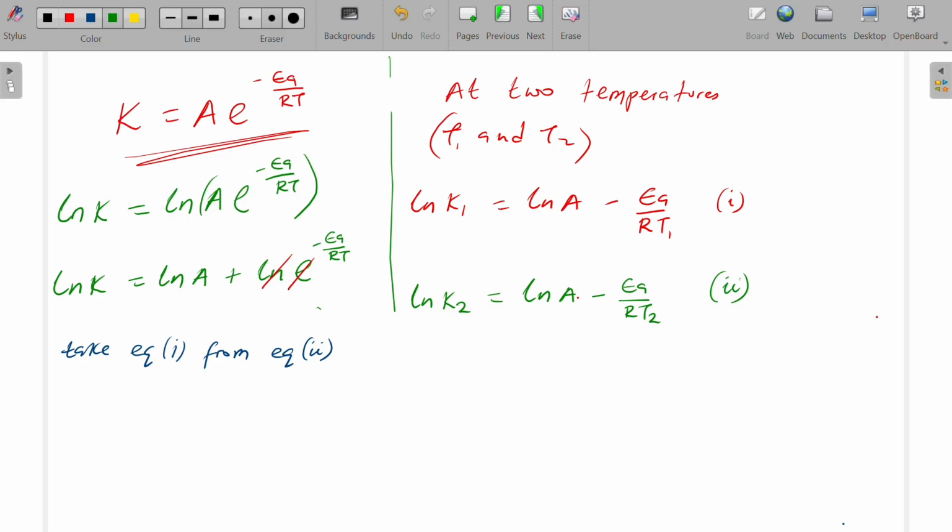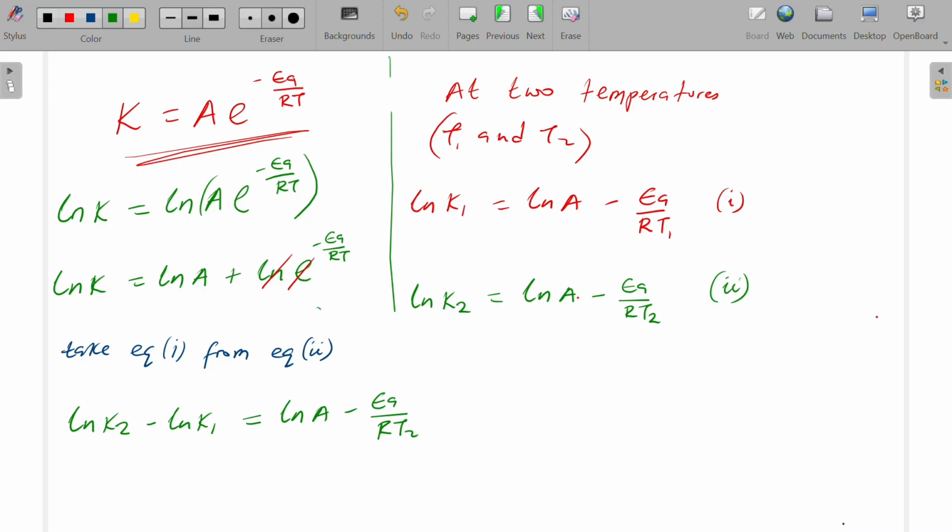So we'll have natural log of k2 minus natural log of k1, and this will be equal to, on the other side, natural log of A subtracted by the activation energy over RT2.